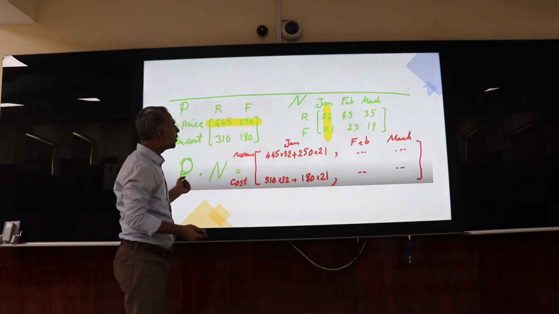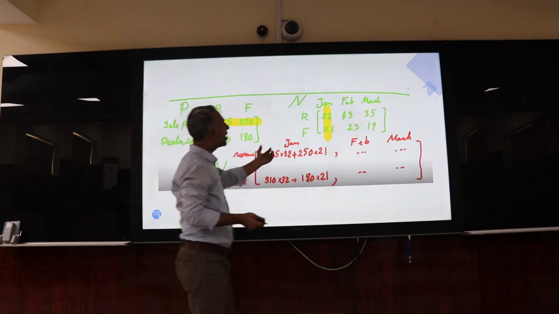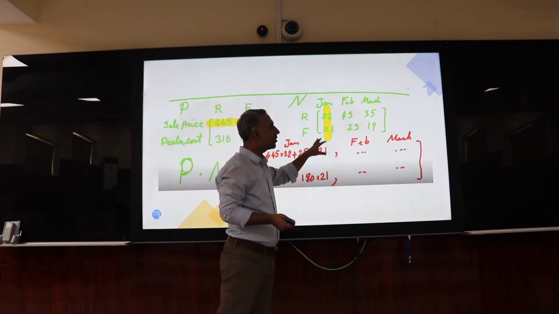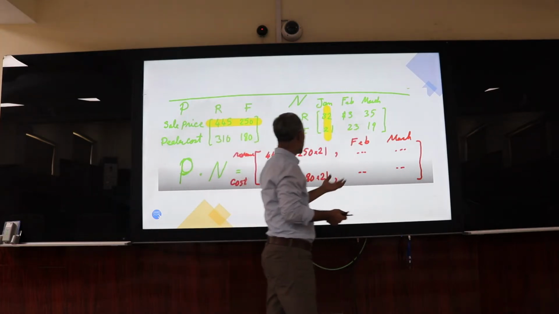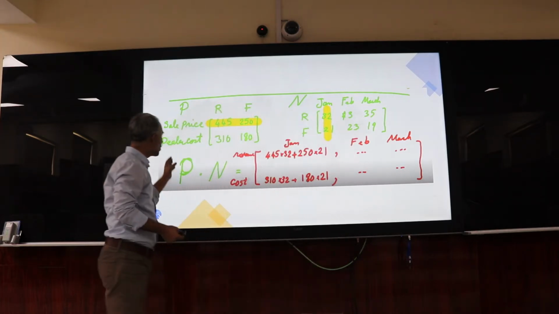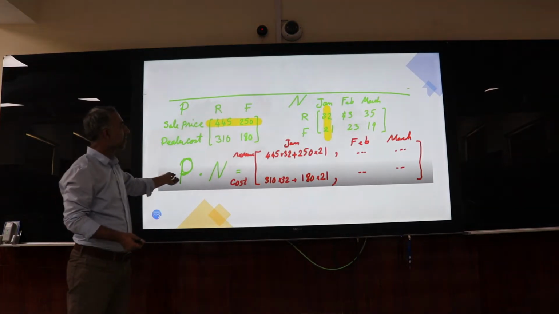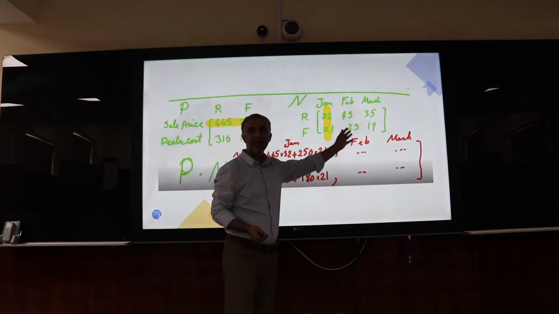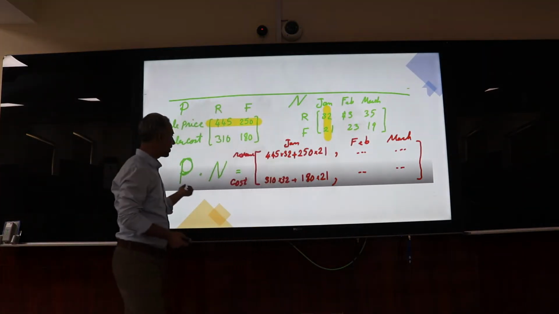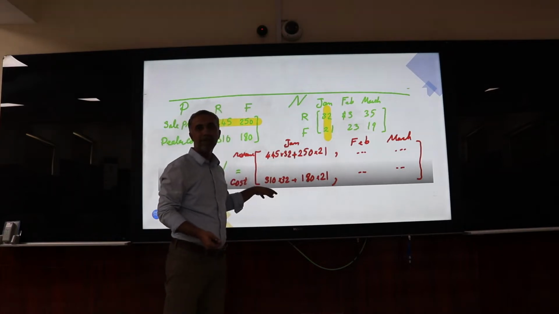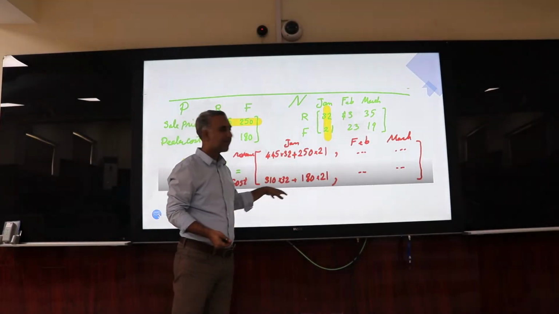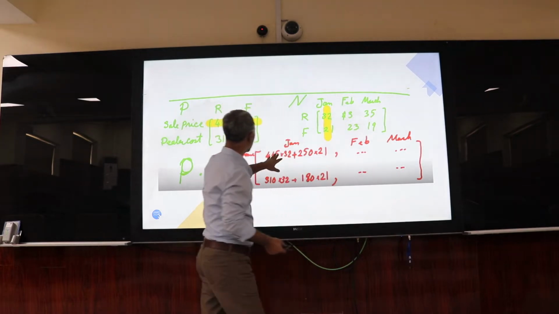Okay, so you want to know the average profit in the months of January, February, March, or you want to observe the sum. Of course, you need to multiply the product with the number of months, and then you will get this product, and of course the total sum of the element-wise multiplication will give you that.